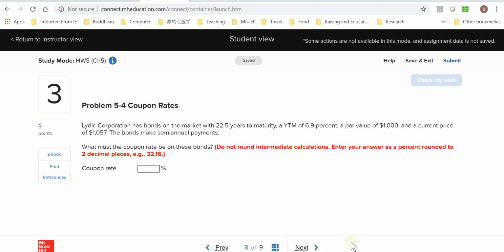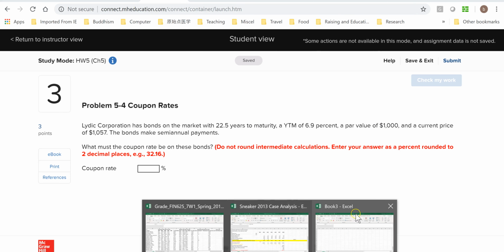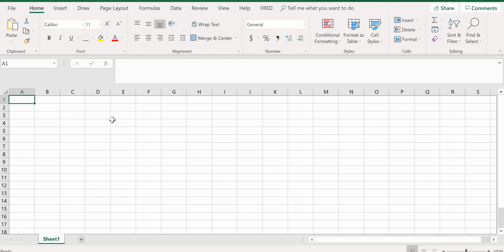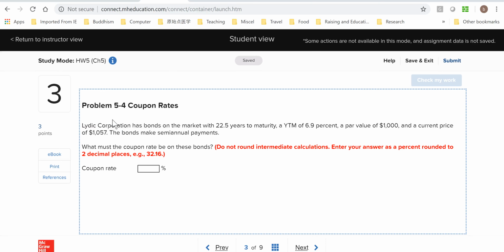In this case, we can use Excel to figure out the answer.